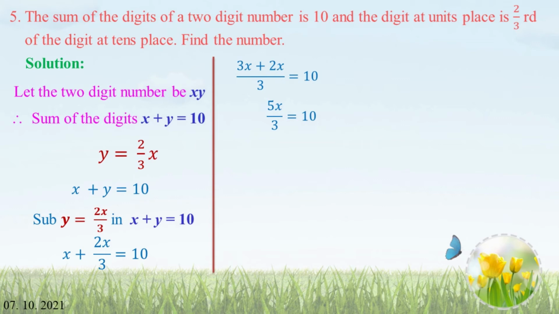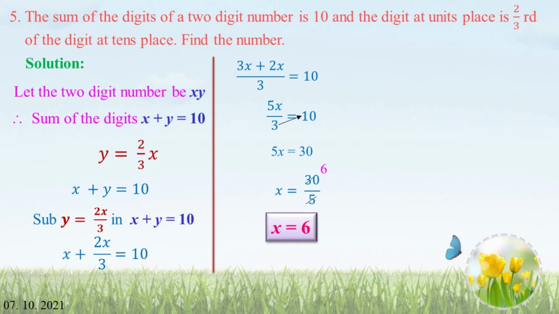The denominator 3 on the LHS is transposed to RHS, so 5x equals 3 times 10, which is 30. 5x equals 30. So x equals 30 divided by 5, which is 6. So the value of x equals 6.